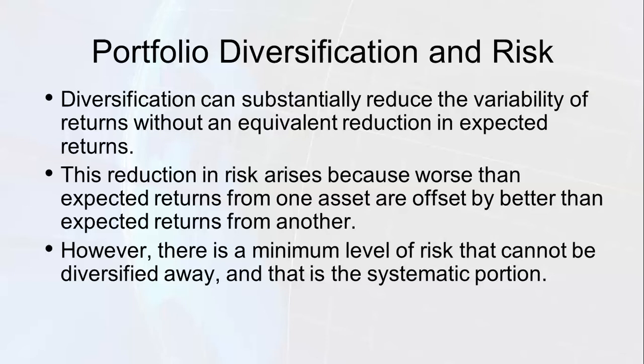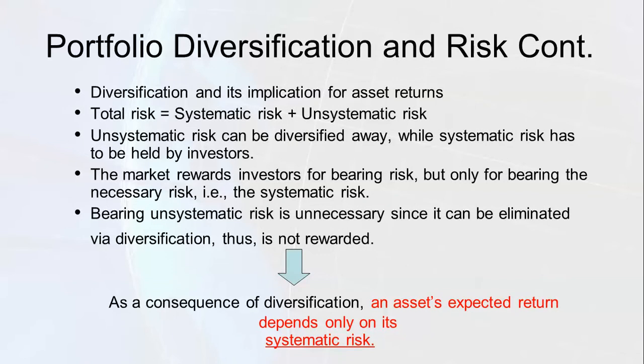Okay, but you cannot eliminate market risk. You can eliminate only non-systematic risk. You cannot eliminate systematic risk. So basically, the total risk equals systematic risk plus unsystematic risk.